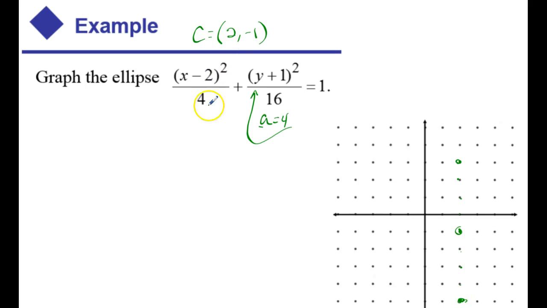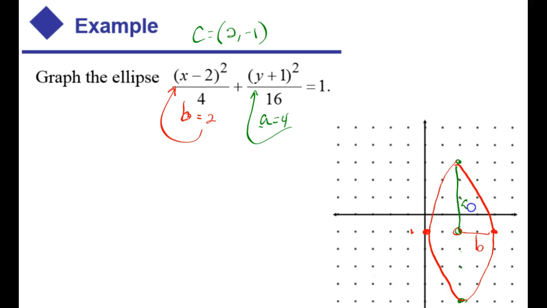And then I'll move a B distance of 2, and I'll go along the x-axis from the center, 2 to the right and 2 to the left. Oops, 2 to the left would be here. And so I see this is my nice ellipse where B is 2 and A is 4.